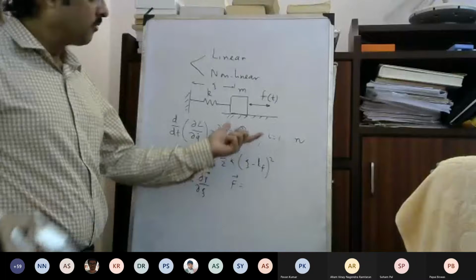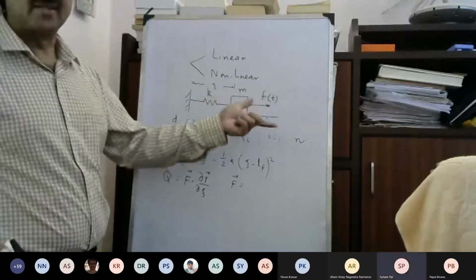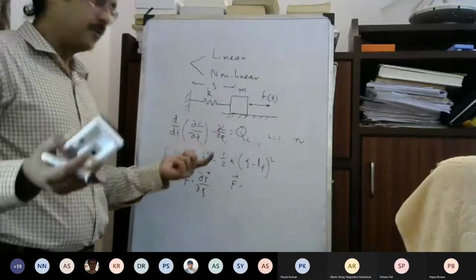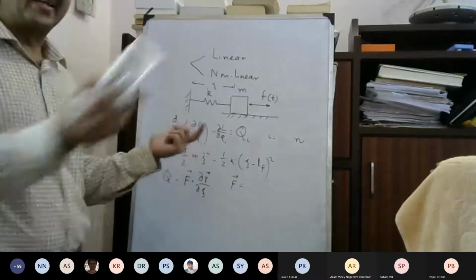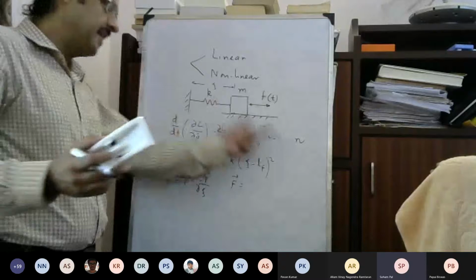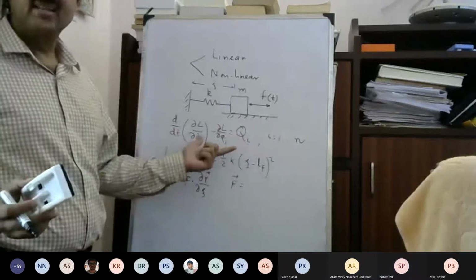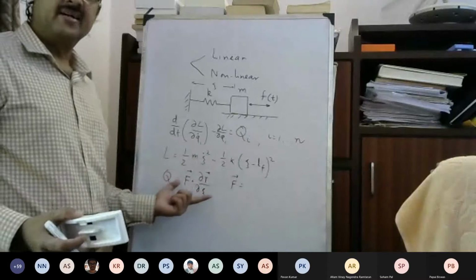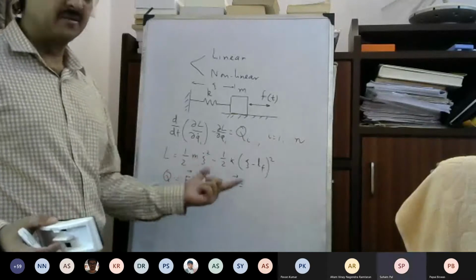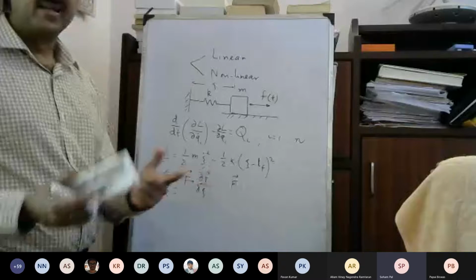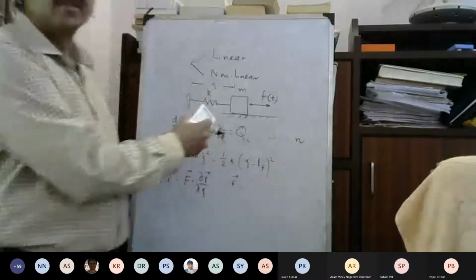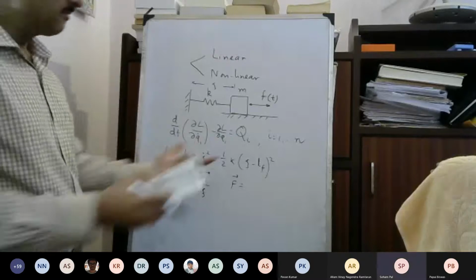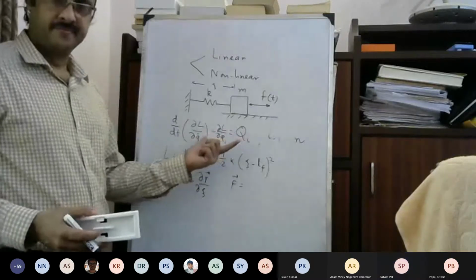Maybe you could not detect that there is some force which is conservative, and you took the force and did not notice that it can be taken inside L. Does not matter. You take whatever you can inside the Lagrangian, and the rest you leave within the generalized force. It will do the same thing. There is no hard and fast rule that all the conservative forces you have to consider in L.